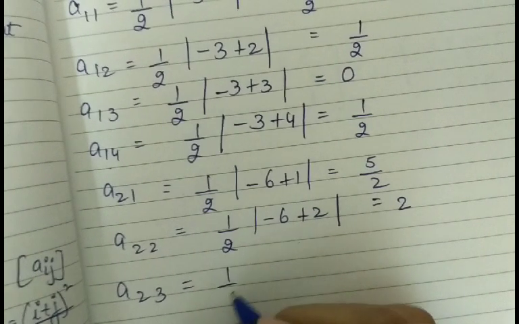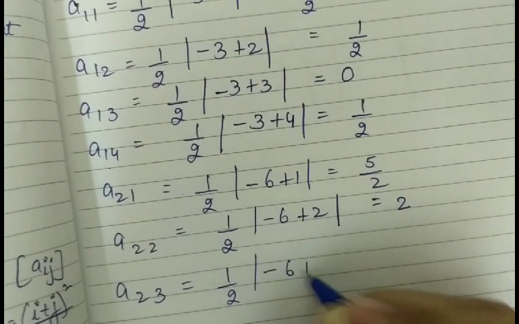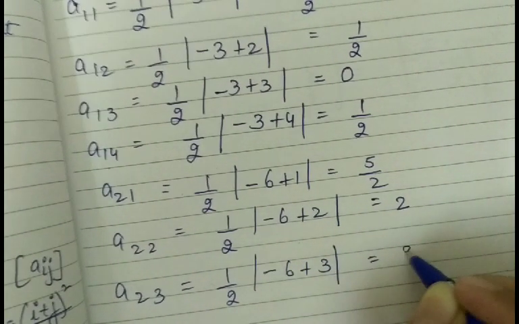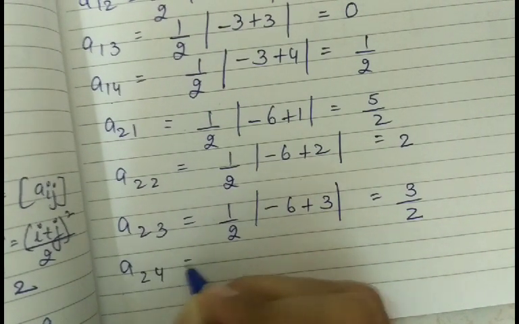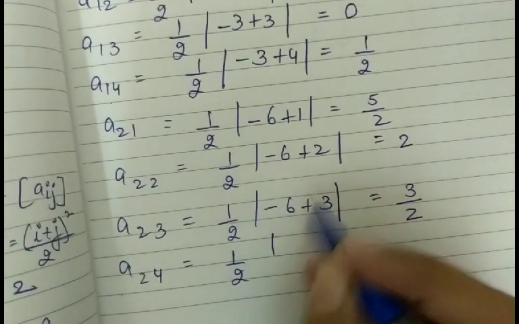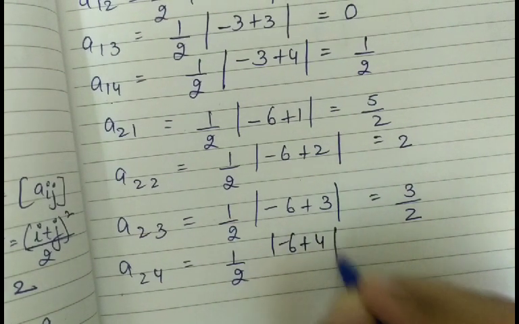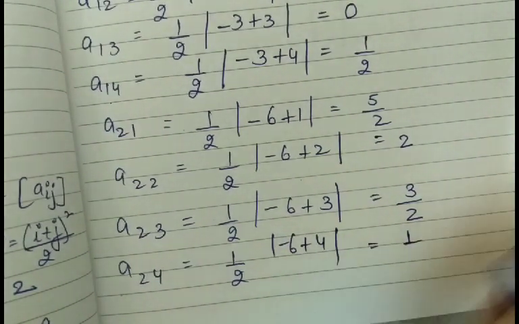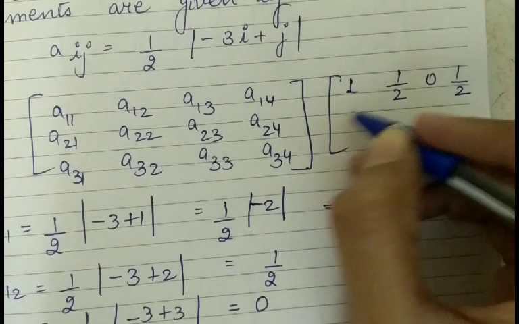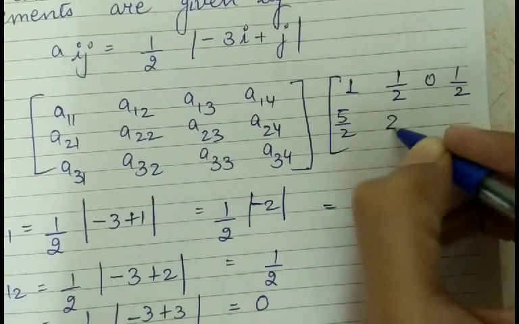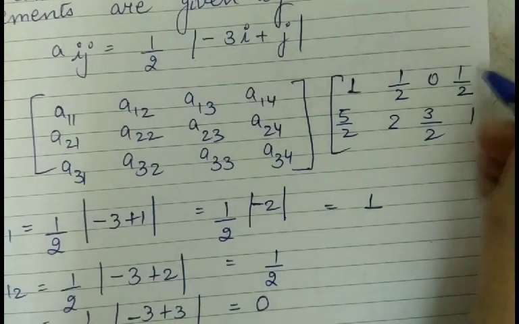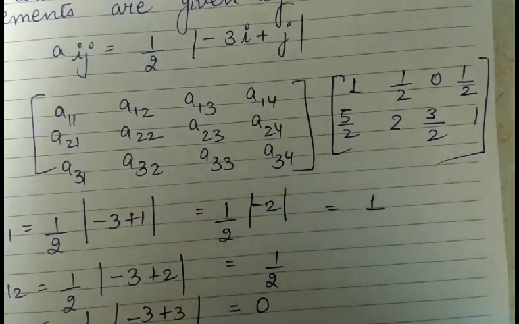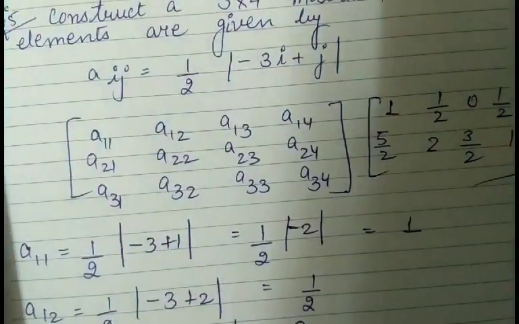A23, half of minus 6 plus 3, that will be 3 by 2. Next, A24, half of minus 6 plus 4, that will be 1. So our second row will be 5 by 2, 2, 3 by 2 and 1. Similarly, you can find the elements of the third row.